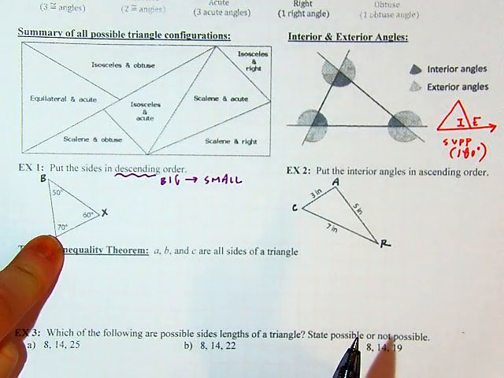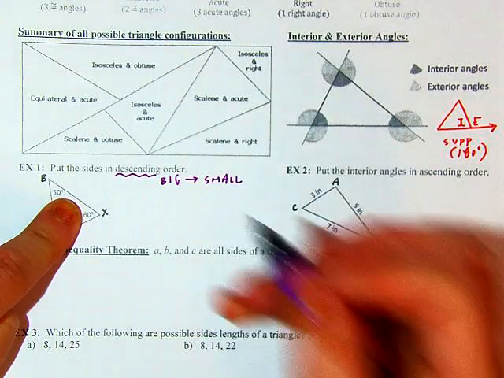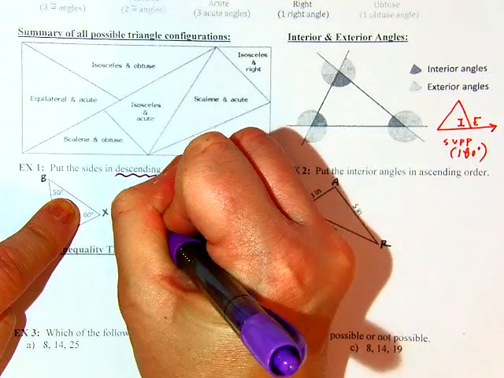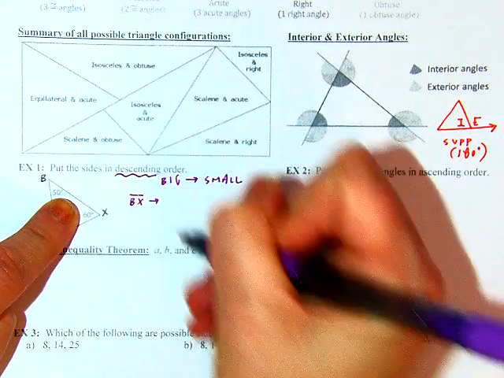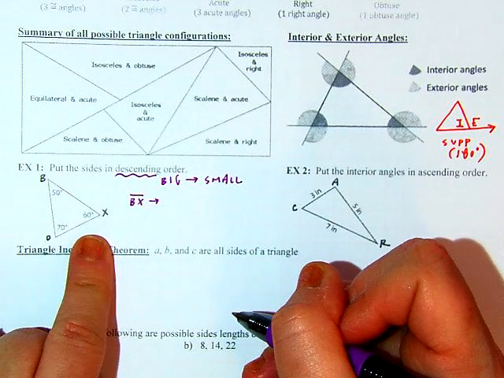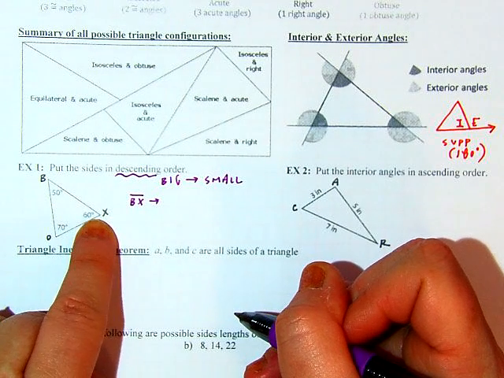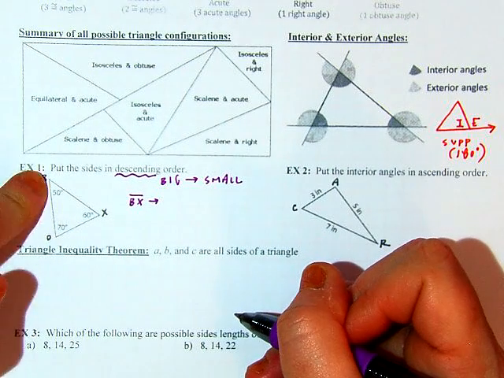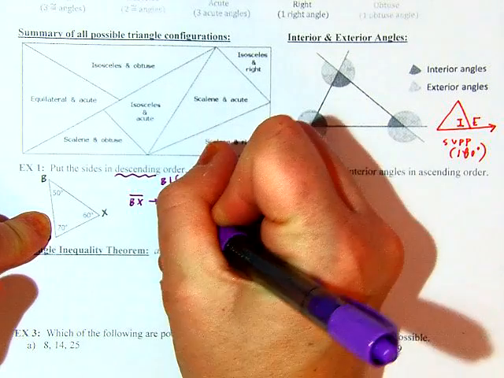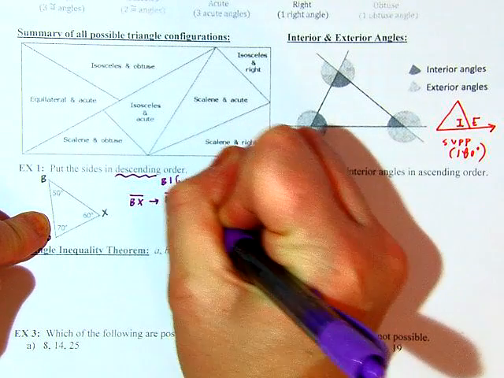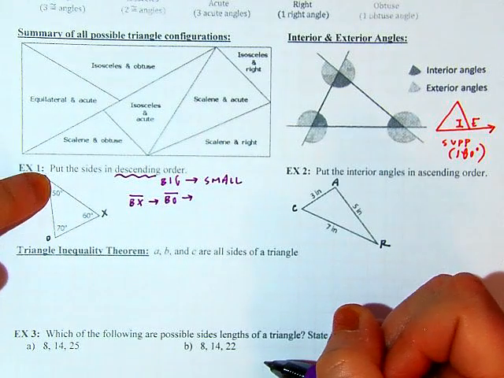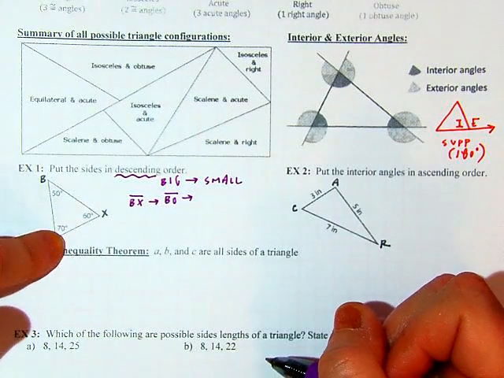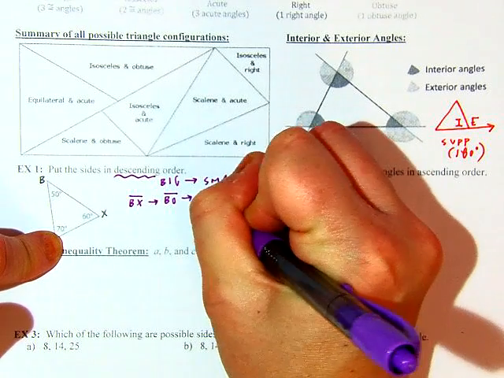Right here. So opposite must be my biggest side, BX. My middle angle must be this angle right here, angle X, 60 degrees. So this must be my middle side, BO. And then my smallest angle, angle B, must be opposite my smallest side, OX.